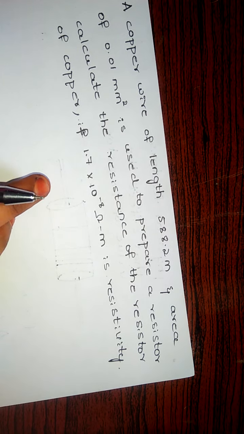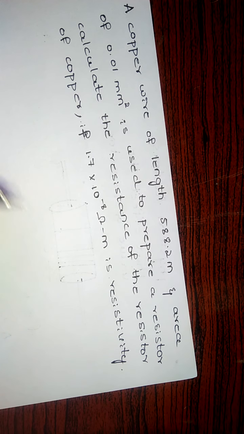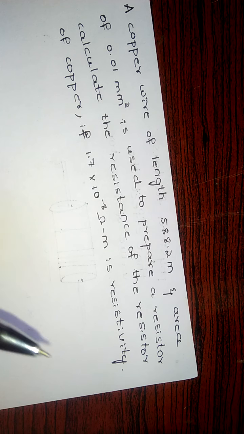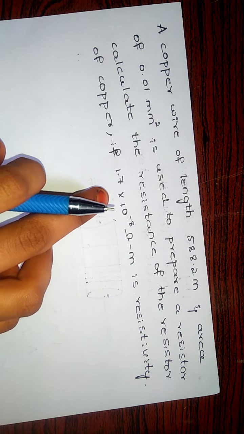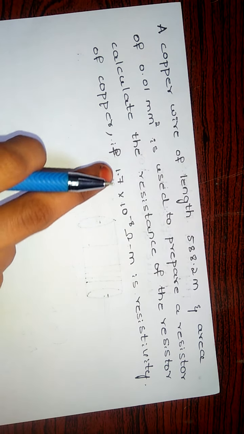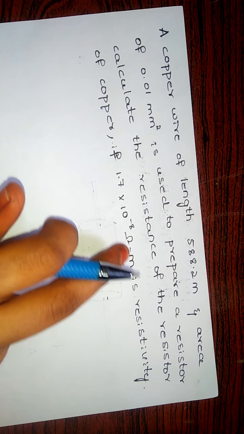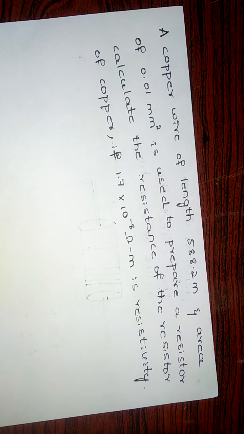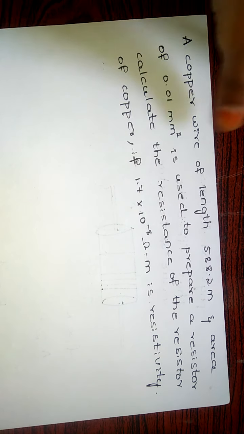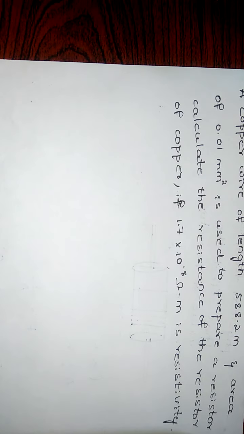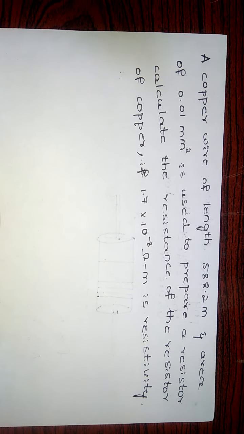I have already told you that for every material there is a fixed resistivity value. For copper, the resistivity is 1.7 into 10 power minus 8 ohm meters. If they ask for resistivity, we can also tell. Here, they asked for resistance.